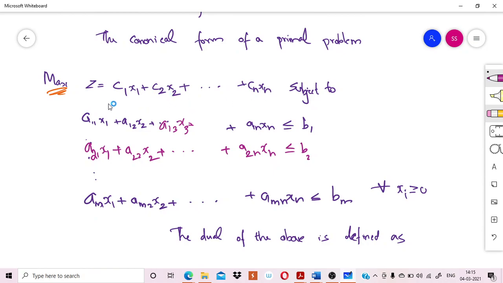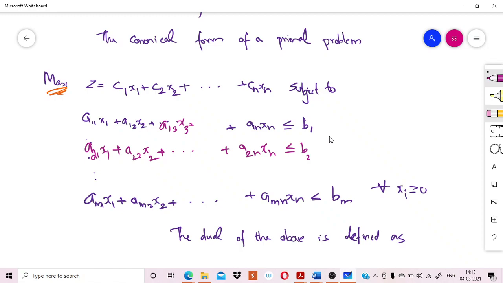That means you have the maximization problem. Here also the examiner has asked you to find out the dual in which max z is there. So no problem, you can follow this canonical form, that is max z. And in max z, its canonical form, the linear inequality constraints are less than or equal to type, right? So if it is not, you have to make it less than or equal.